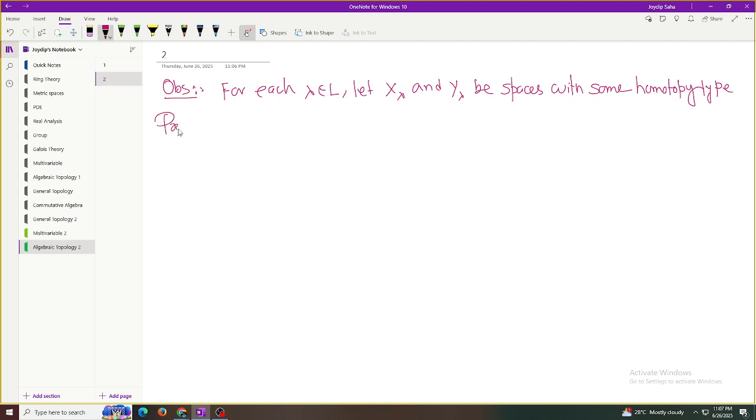Prove that X equals product of X_lambda, lambda belongs to L, has the same homotopy type as Y, which is product of Y_lambda, lambda belongs to L. Okay, the proof is very simple.